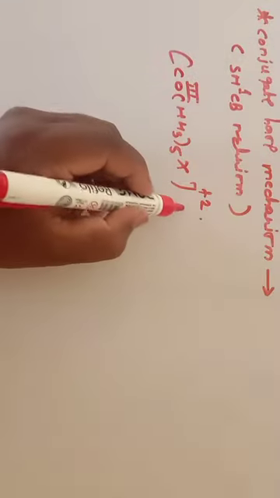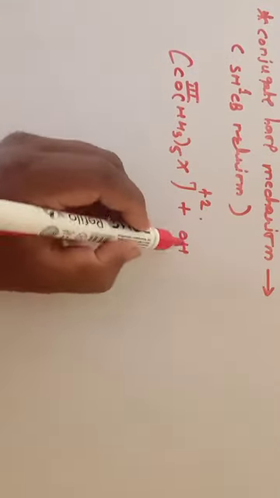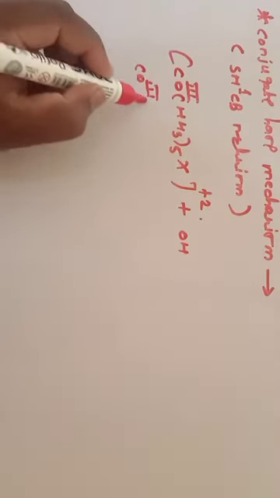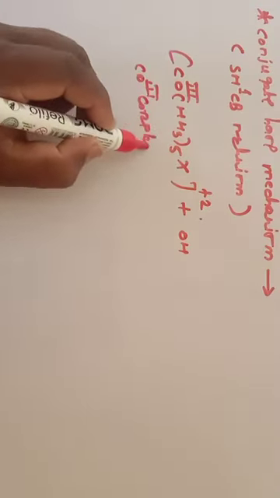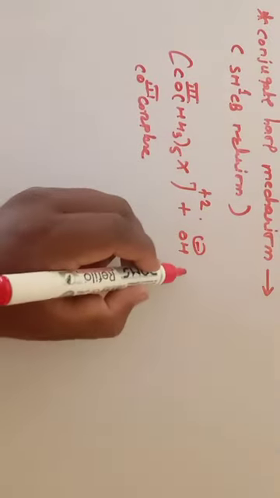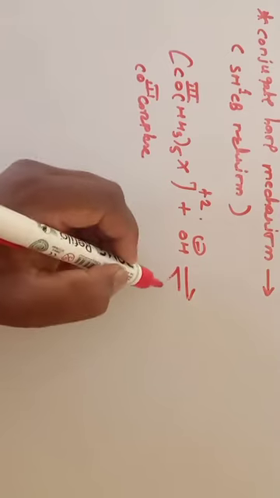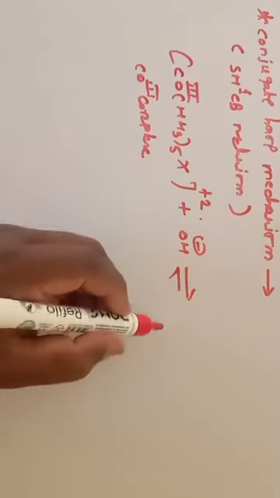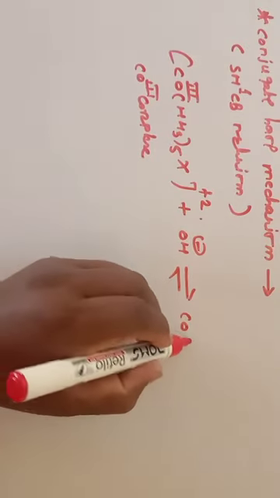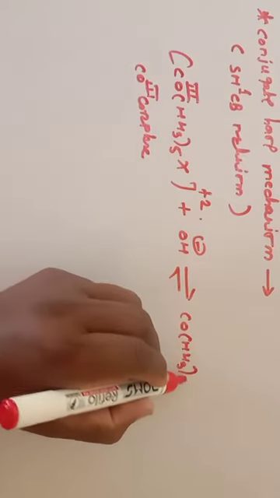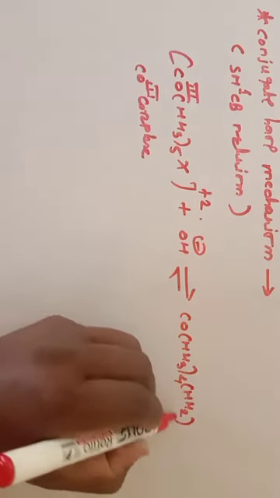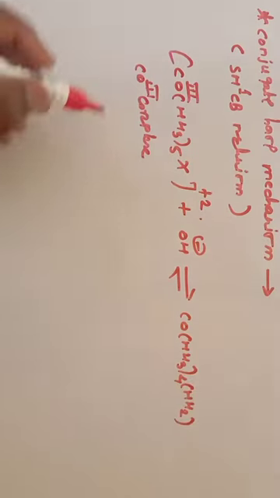The reaction of this cobalt(III) ammine complex with hydroxyl ion, the first step is an equilibrium step, and we get here Co(NH3)4NH2. So this is the reaction.